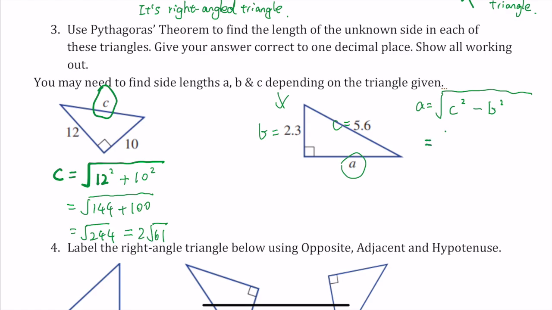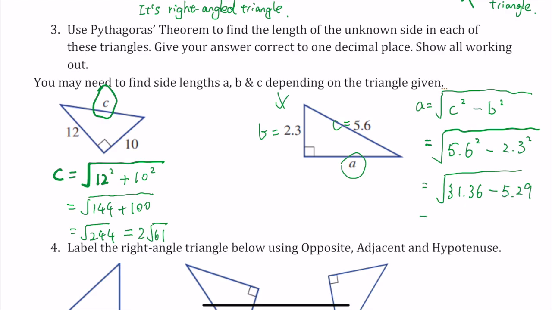So equals 5.6 squared minus 2.3 squared, equals 31.36 minus 5.29, equals 26.07, which is 5.1.